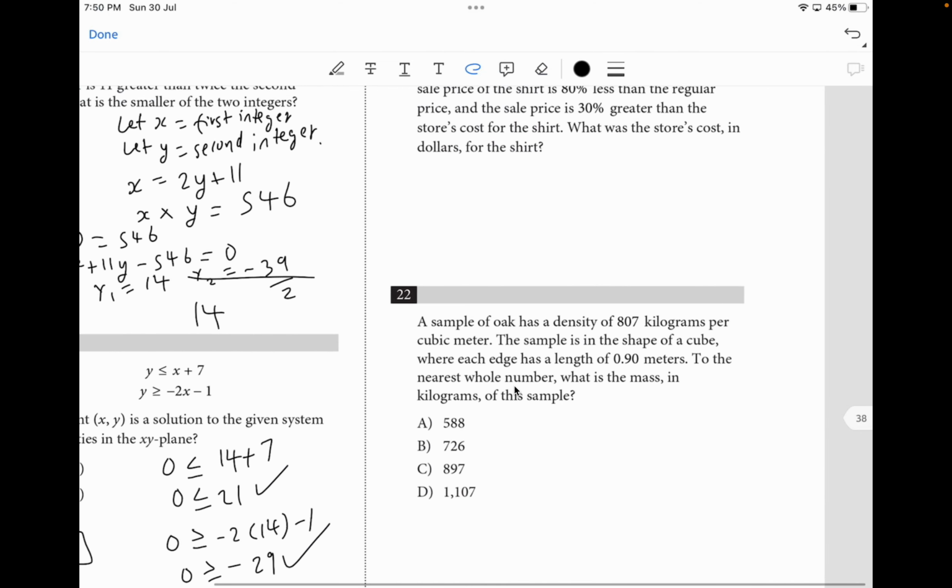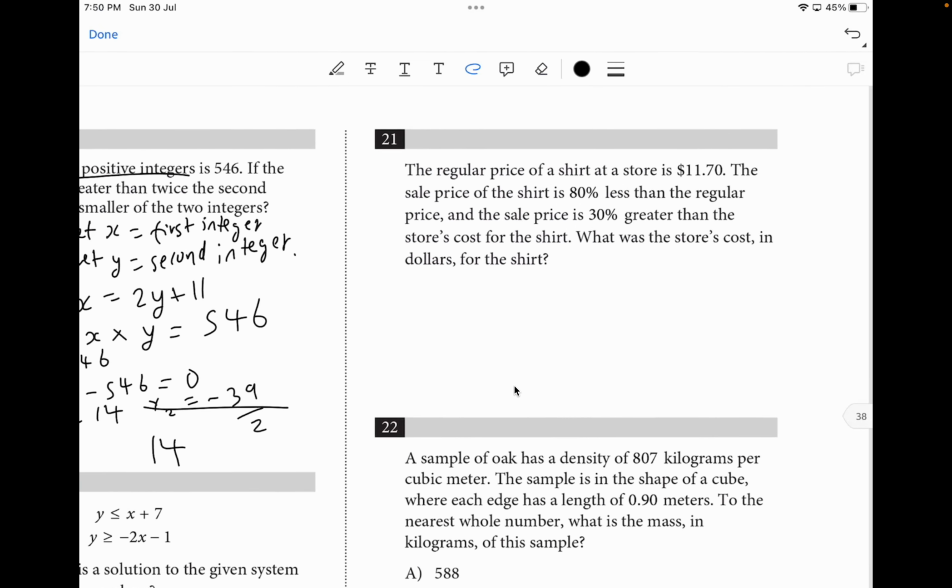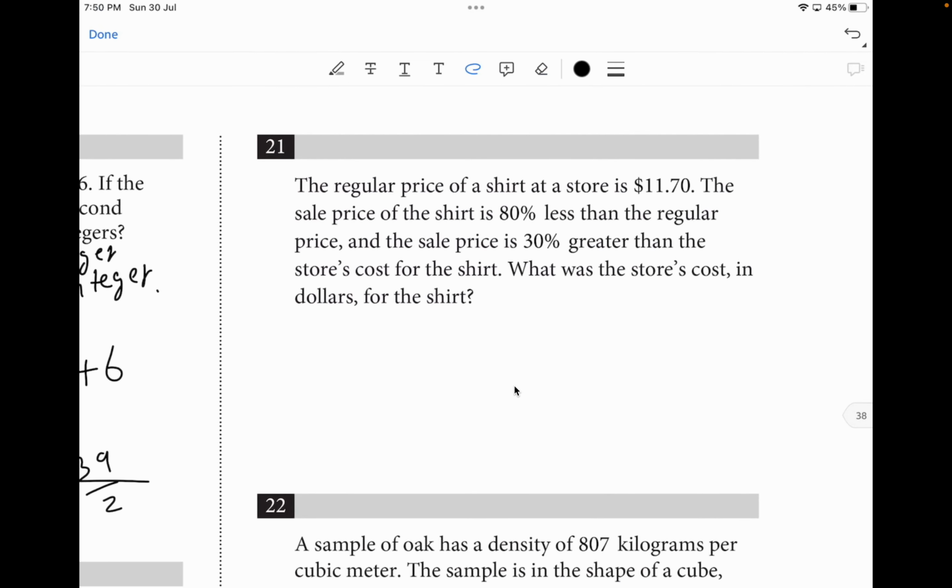Okay, question number 21. The regular price of a shirt at a store is $11.70. Sorry, not 0.70. The sale price of a shirt is 80% less than the regular price, and the sale price is 30% greater than the store's cost for the shirt.